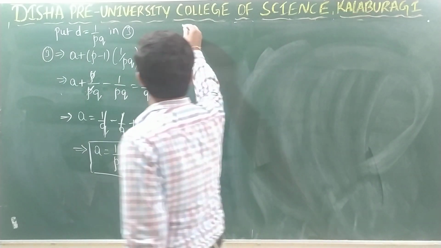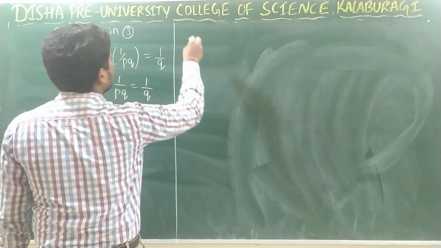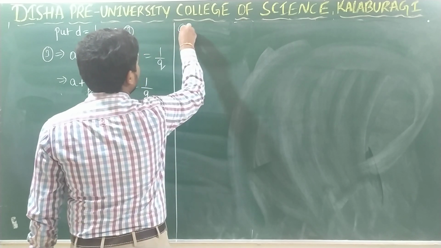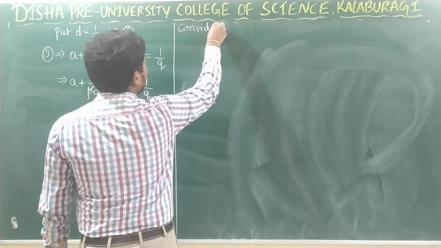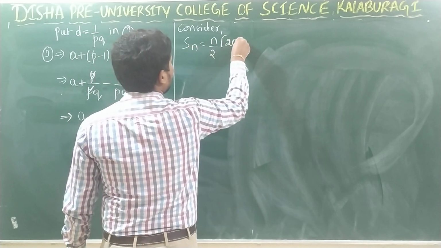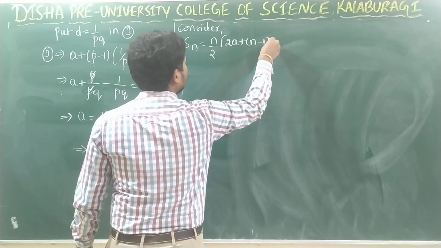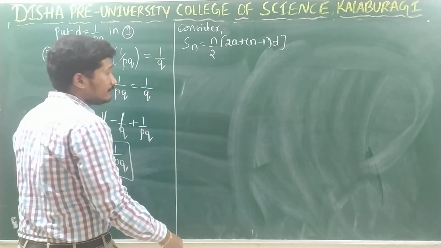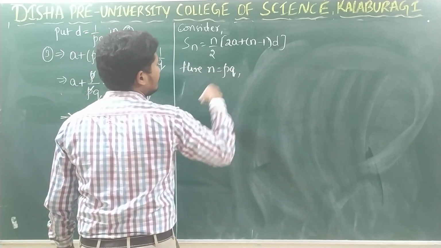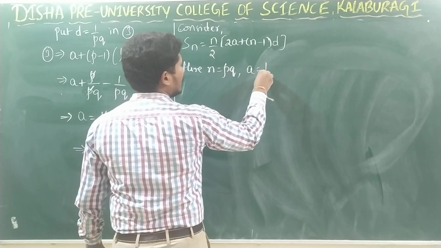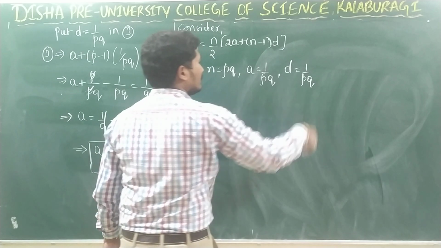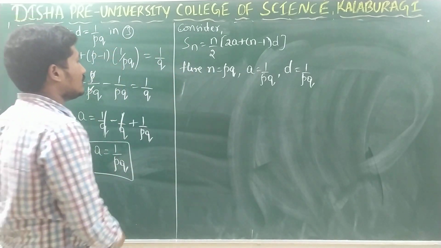See here, let us consider Sn is equal to n by 2 into (2a plus (n minus 1) into d). Here the value of n is pq. The value of a that we have obtained is 1 by pq, and the value of d that we have obtained is 1 by pq. So let us substitute them.